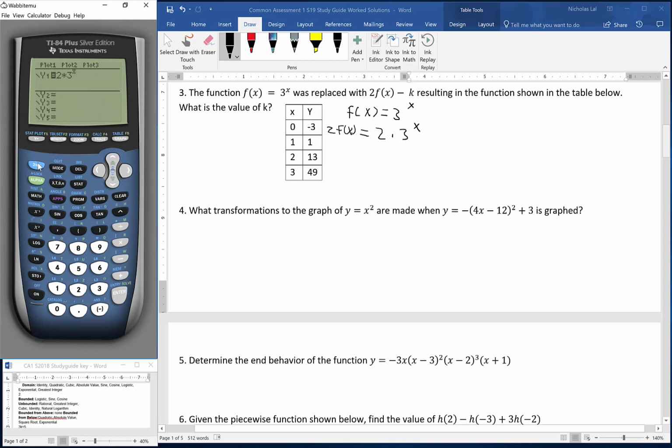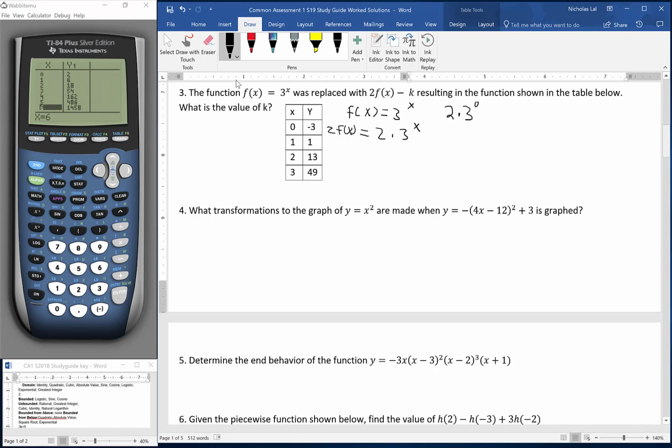All right, and let's look at our table here. This table should make sense. Well, let's look at 0, 1, 2, 3. When x is 0, y is 2 times 3 to the 0.